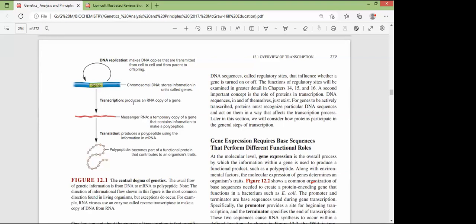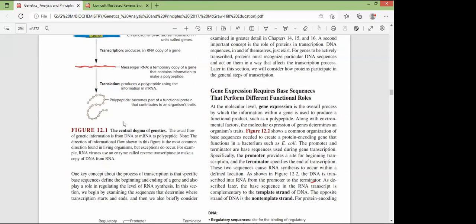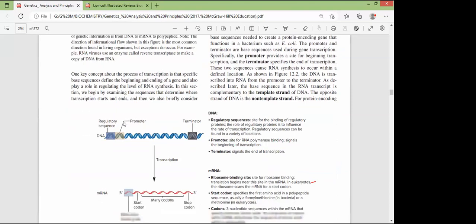Transcription of this gene produces an RNA. We call it the messenger RNA. And then the messenger RNA is what will go to the ribosome and will be translated to a protein. The protein is what will conduct the function.